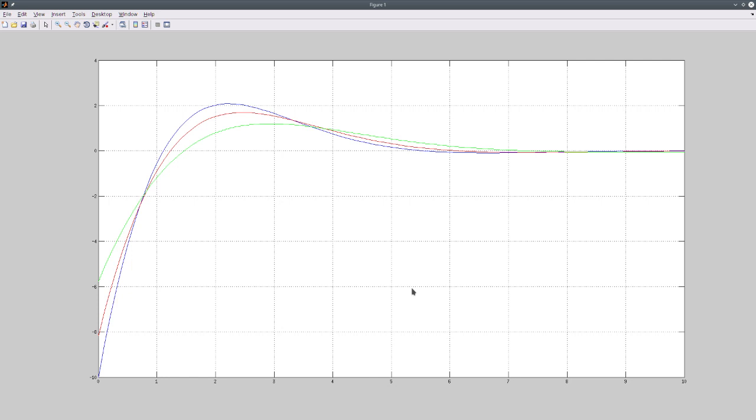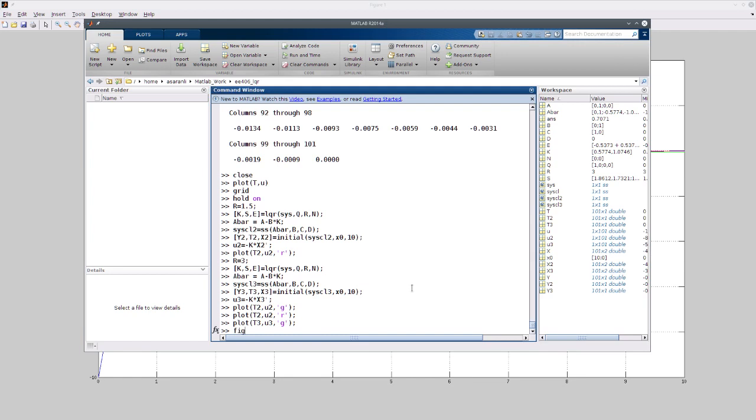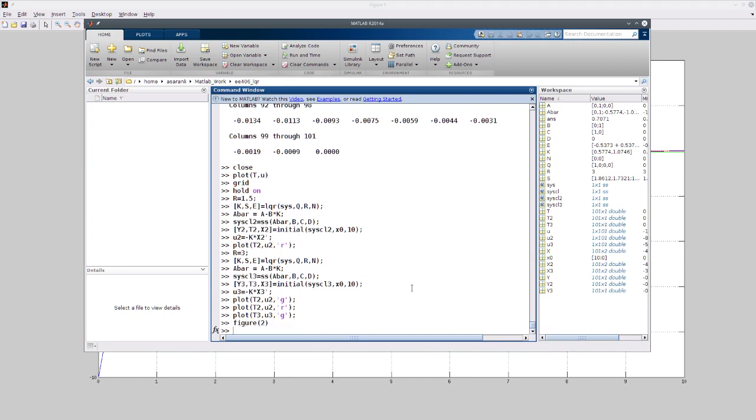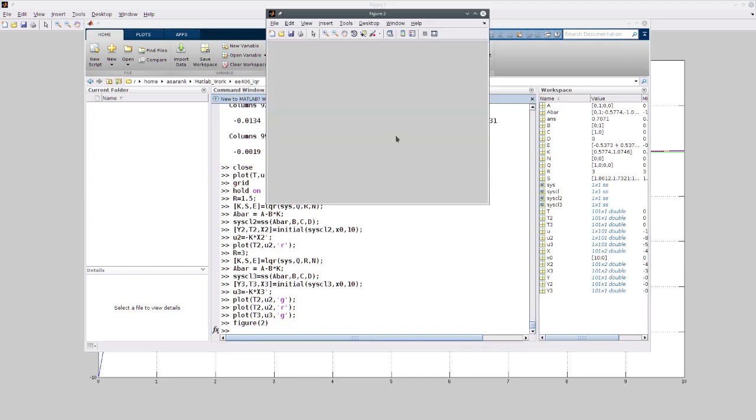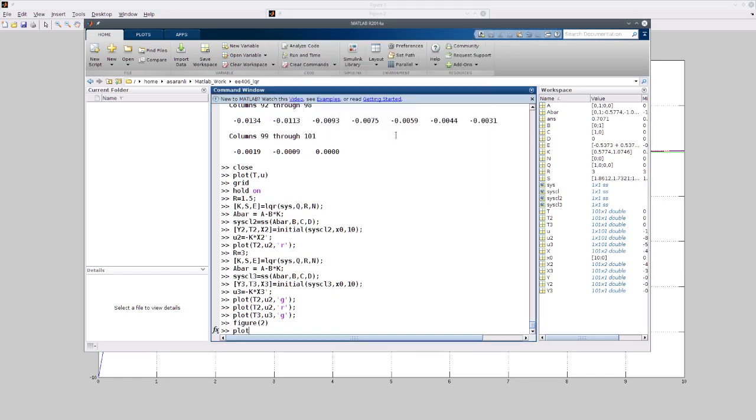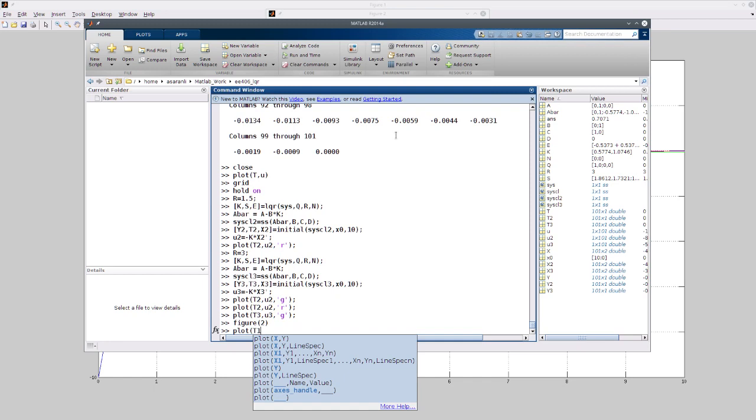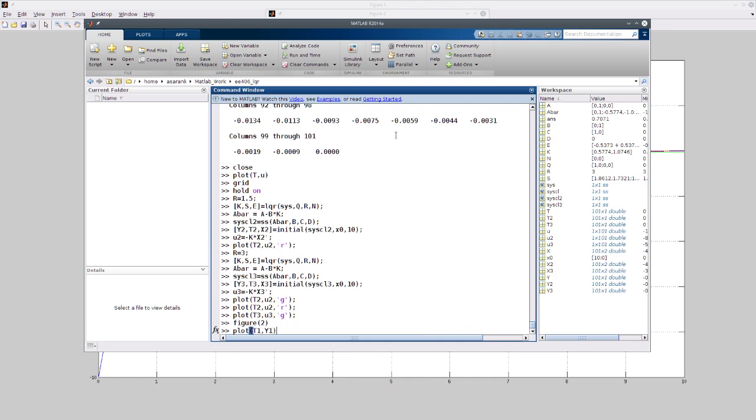And let me show you, let's open up a new figure, let's say figure 2, and in this figure I'm going to plot all the different outputs, okay, and we will see how the output will slow down. Okay, so let's plot T and Y with blue.